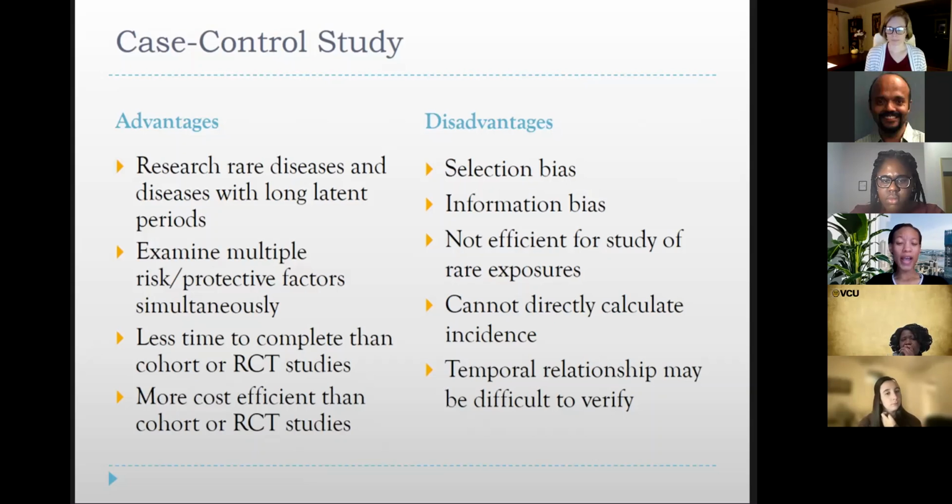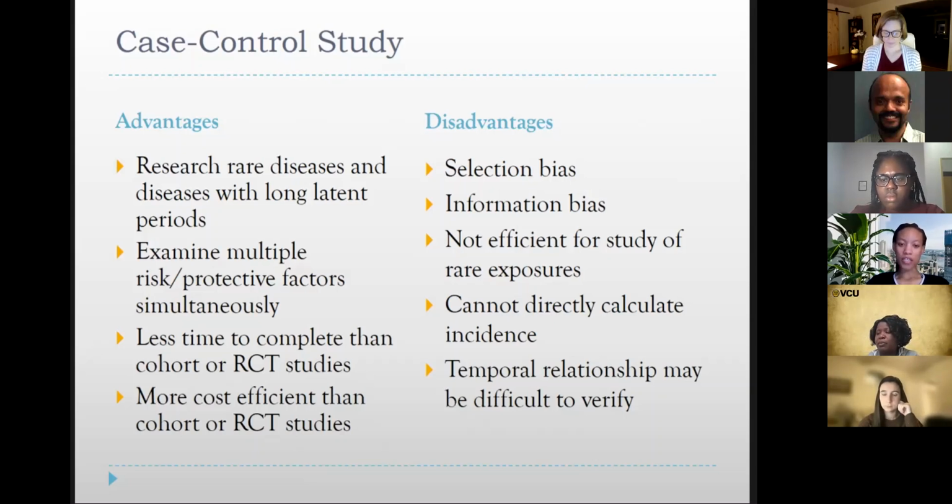As well, you cannot directly calculate risk or incidence. This is because you're starting out with the individuals who have the disease. You already know who has the disease, and you're picking your controls, matching them based off of that.